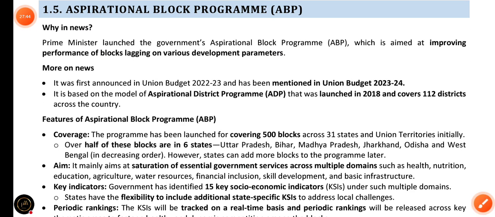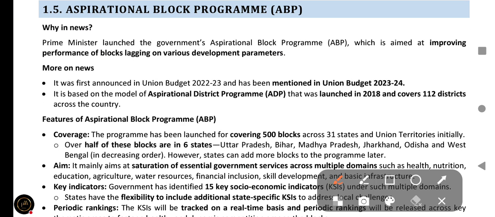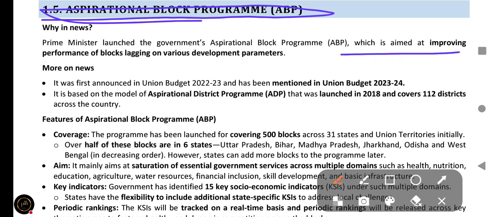And here another news was the aspirational block program. About this aspirational block program, the Prime Minister launched the government's aspirational block program, which is aimed at improving performance of blocks lagging on various development parameters.